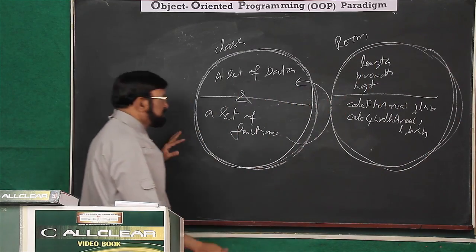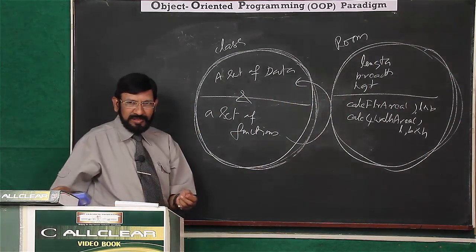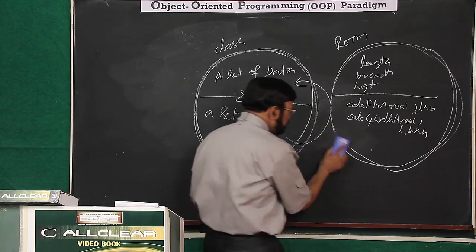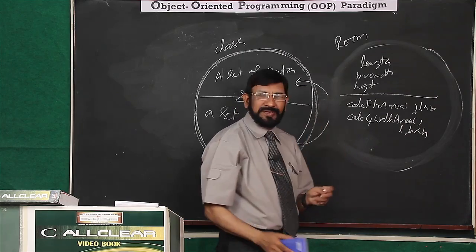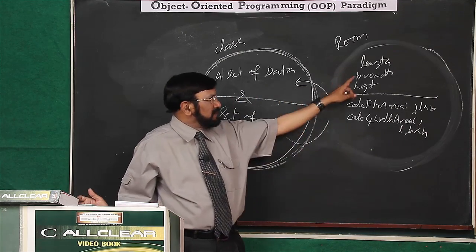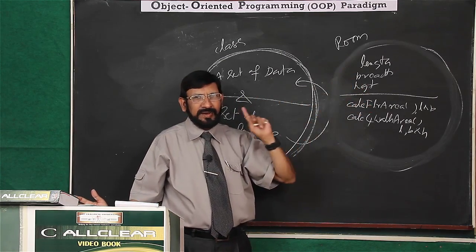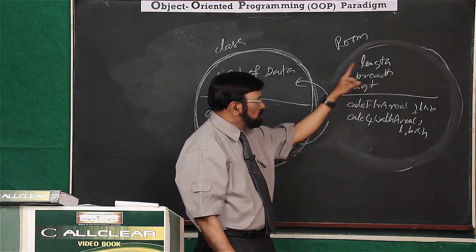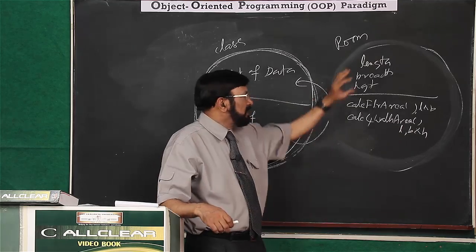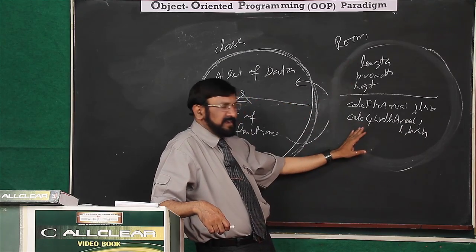Here in C, the main difference you see in function oriented programming approach: the same length, same breadth, same height are there, and the same functions are there, but those are not made as one unit. Data is separate, functions are separate.